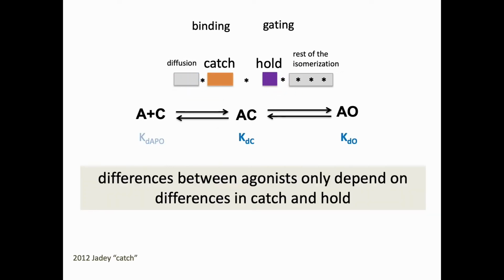But catch and hold are the only things that we need to worry about between agonists. The diffusion constants for the agonists that we're using are about the same, and everything that happens following the hold event in gating is about the same for all agonists. So differences between agonists only depend on differences in catch and hold. That is the catch and hold model.